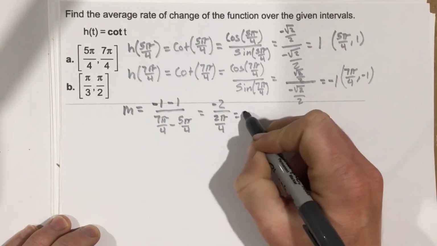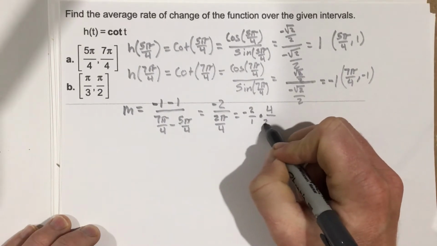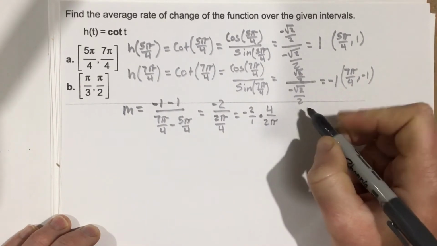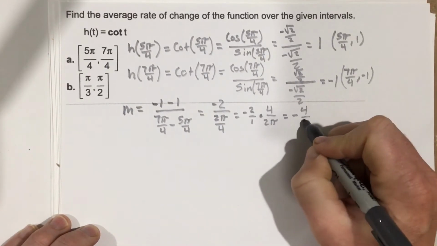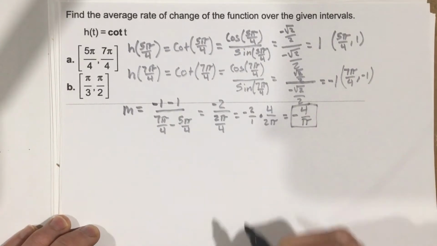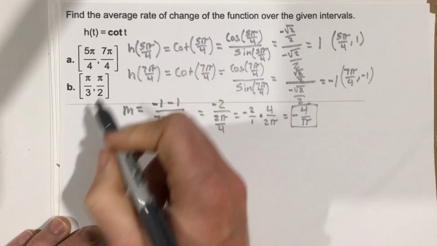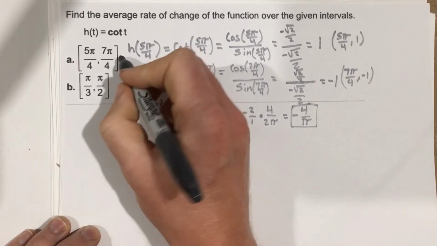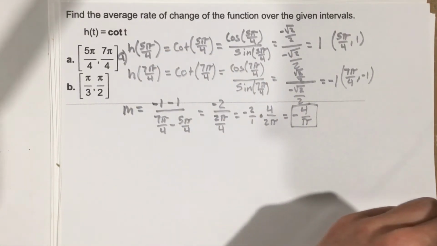When I flip and multiply, that's negative 2 over 1 times 4 over 2 pi. The 2's cancel, I'm left with negative 4 over pi for my slope. Now that's part A. Let me mark that here.